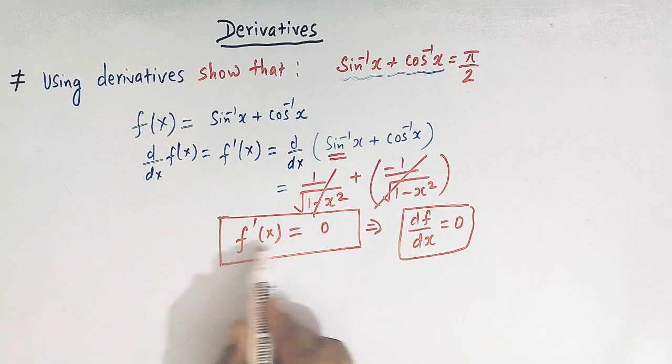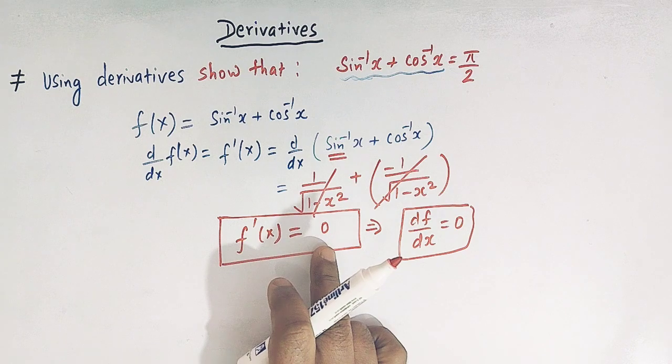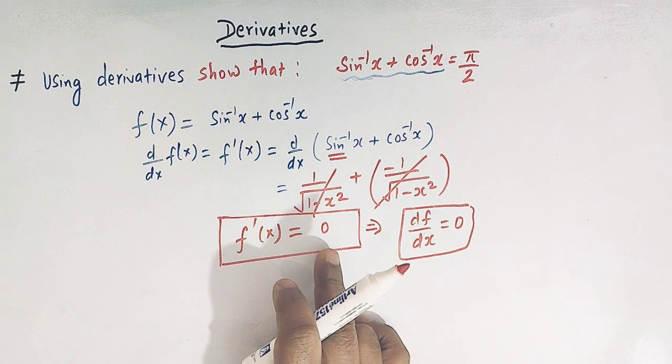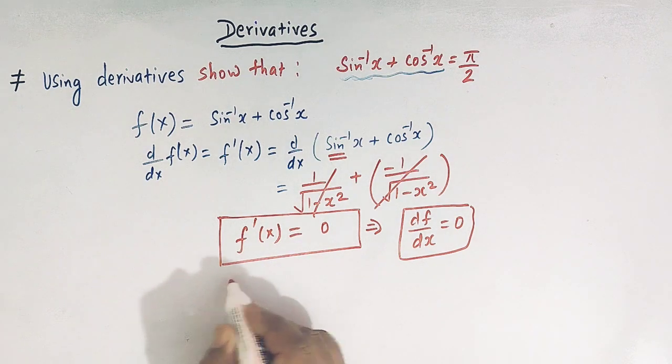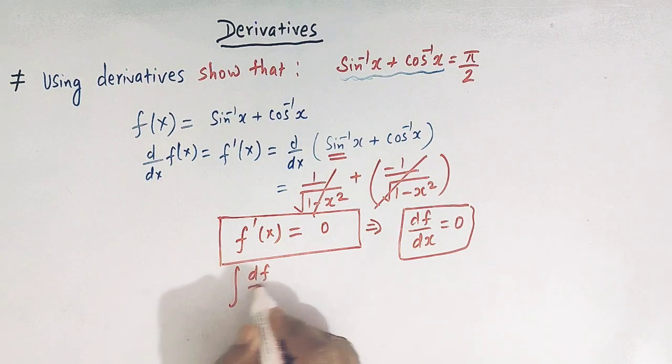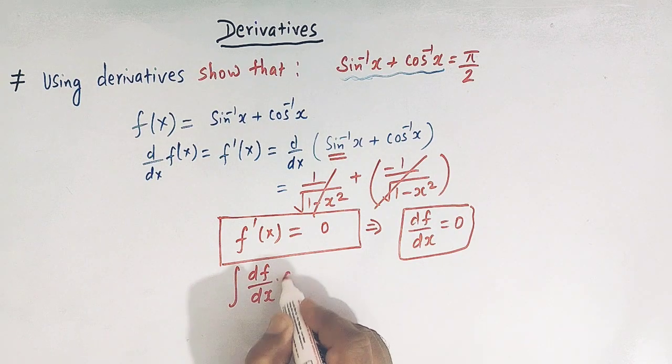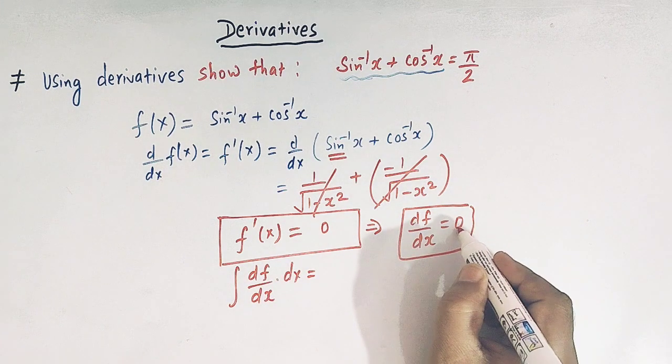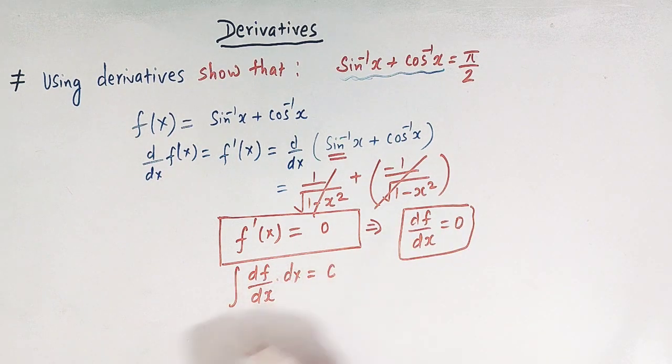Now if we integrate both sides with respect to x, then we'll get df over dx on one side and 0 on the other, so here we have a constant. So f is equal to c. The integral of df over dx with respect to x is f, and f is equal to c.